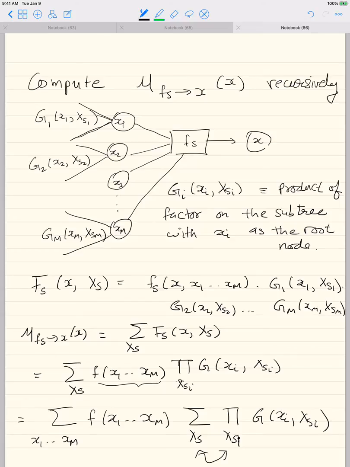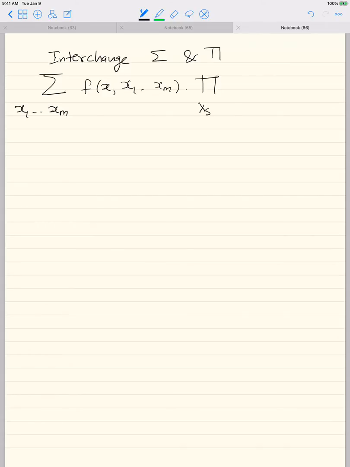And if we do that, the product over xsi comes outside, and inside we just have to sum over xsi, because that is the only variable that matters in this summation. So when we interchange the summation and the product, we still have the outer summation over x1 to xm. Then we have the product over xsi and the summation over xsi of g of xi and xsi.